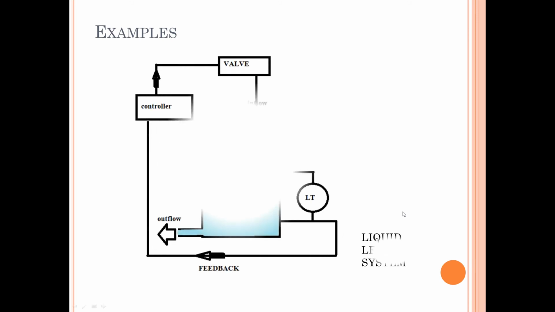Next, consider an example. I am considering here the liquid level system. Now, a control system is actually an interconnection of different components which gives the desired response, and the objective of any control system is to maintain the output of a system at a desired value. So, suppose the desired level of the liquid height is 5 feet.